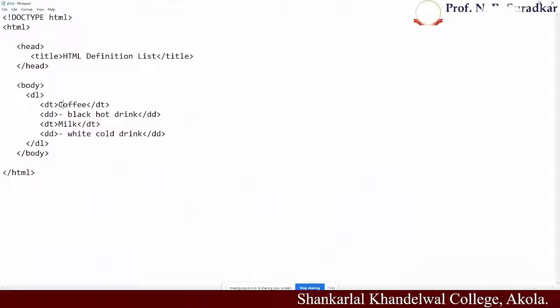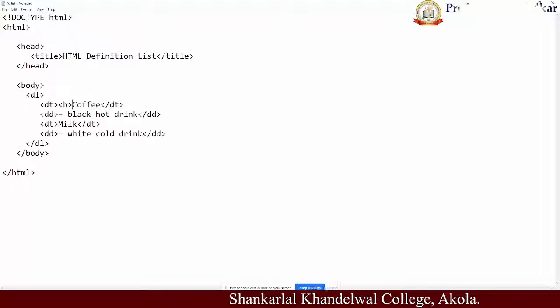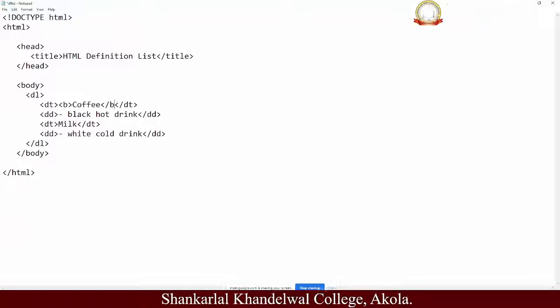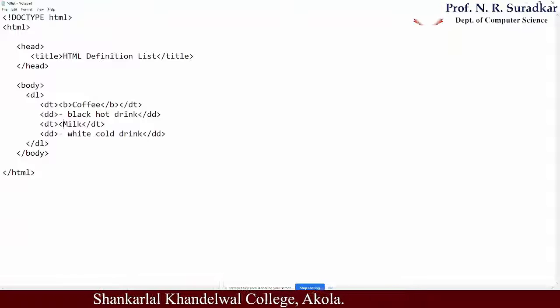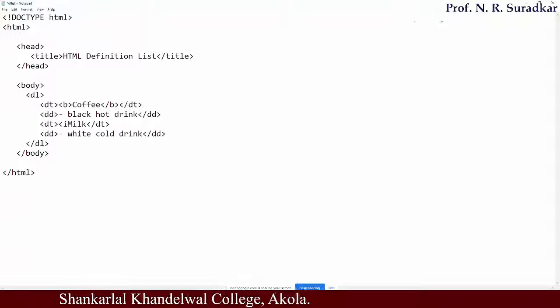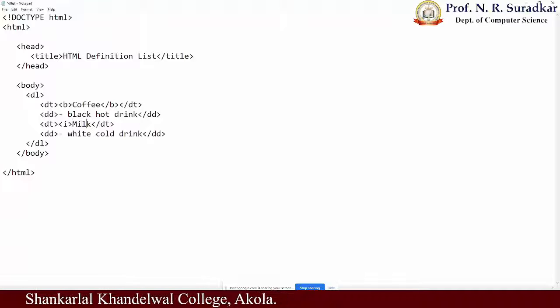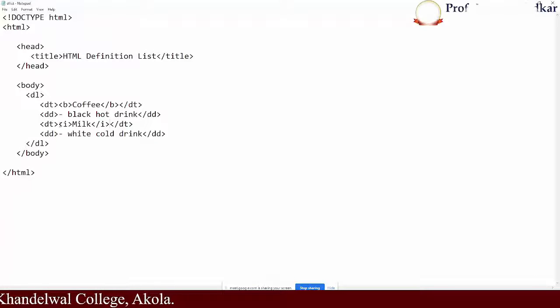If you want to make certain changes here, suppose I want to make it bold, then I use the B tag to convert the text into bold format. If I want to make the text italic, then I use the I tag, closing I tag, and make the changes.